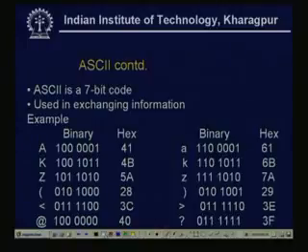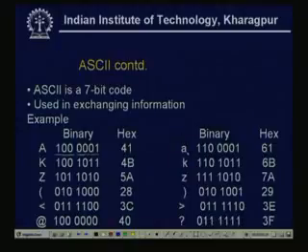Say 1000001 is my capital A. If I represent this in hex, it will be simple, because we have just done binary to hexadecimal, meaning we group by 4. So, here it is 4 and here another 0 I will put. So, 0100 means this is 4 and 0001 means this is 1. So, this is hex 41.